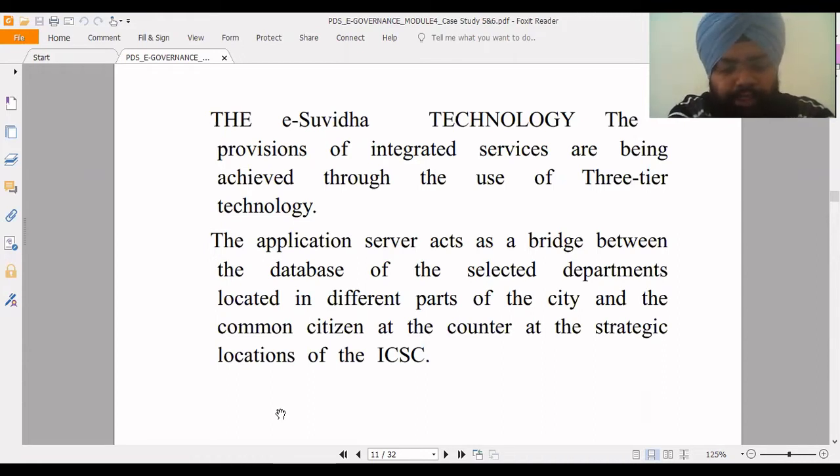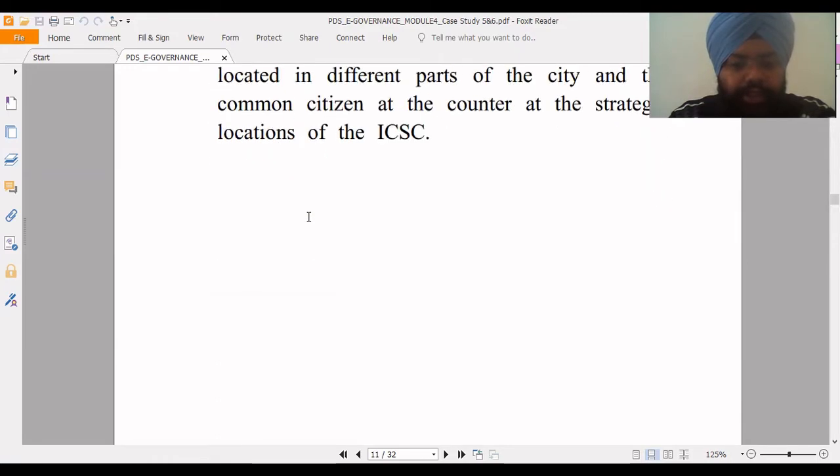The application server acts as a bridge between the database of a selected department located in different parts of the city and common citizens at the counter at the strategic locations of the ICSC. I have told this once again in order to give more emphasis, as this is very important to know the technologies of the e-Suvidha.